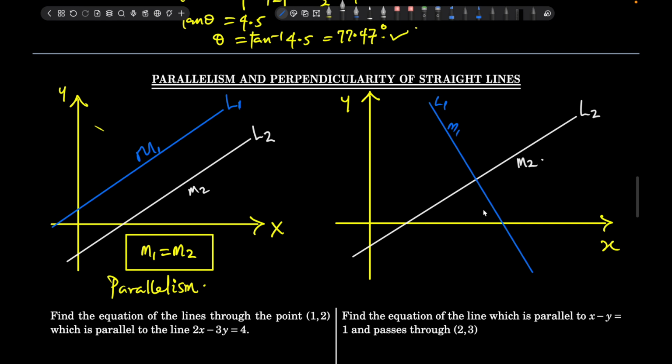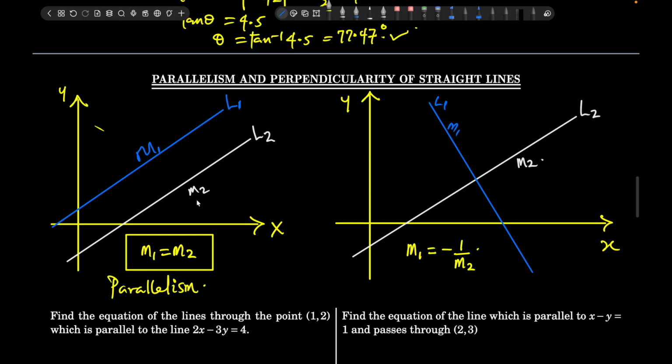I won't want to go into much technicality because of confusion. All you just have to know is that if two lines are perpendicular, the slope of the first one, M1, will be equal to the negative inverse of the second slope. So M1 equals 1 over M2. Okay, M1 equals minus 1 over M2.